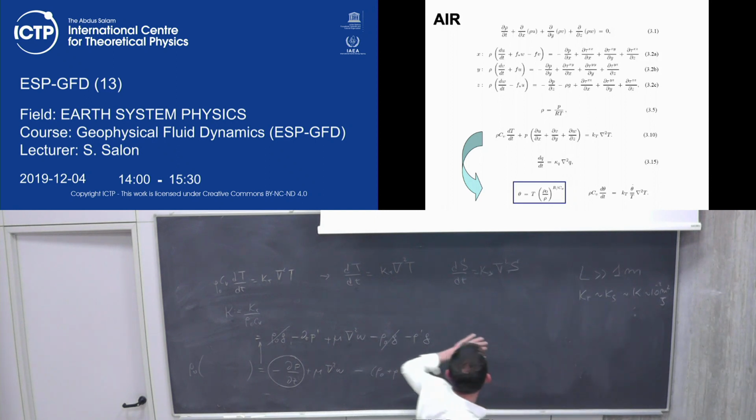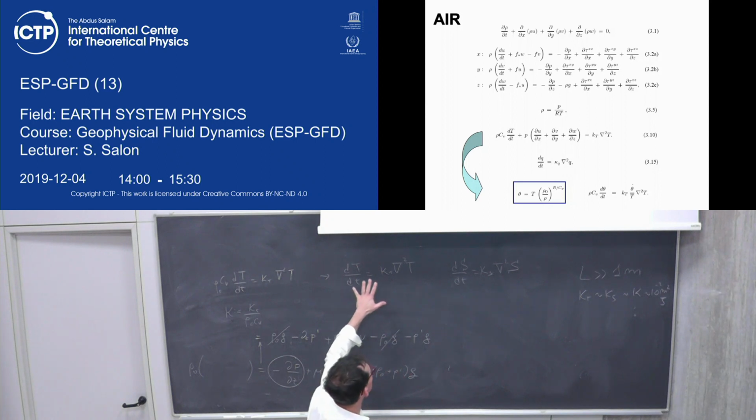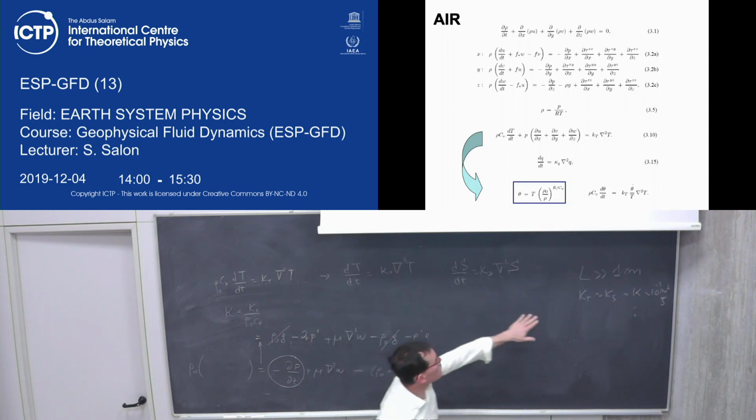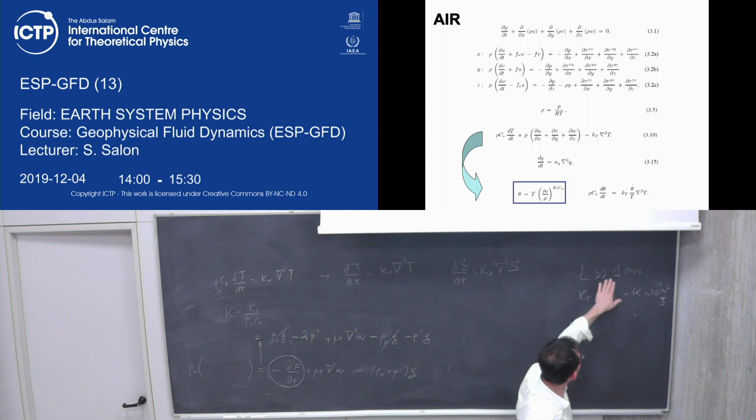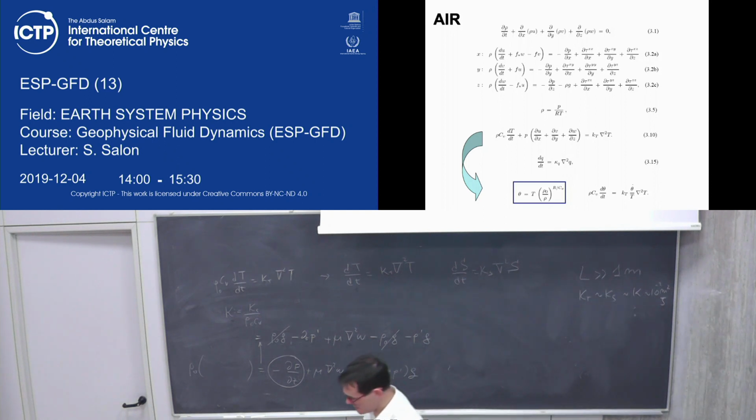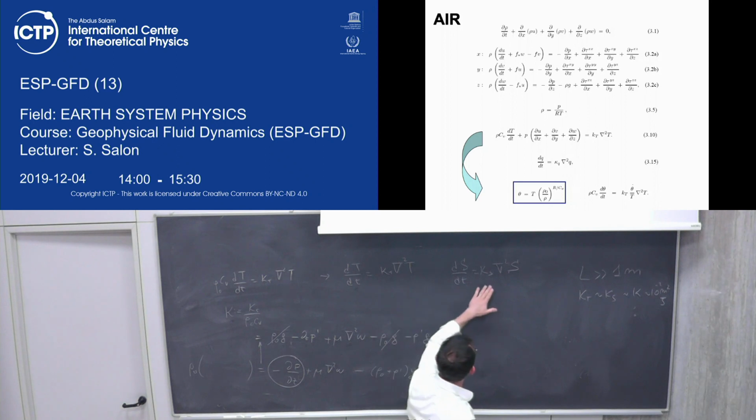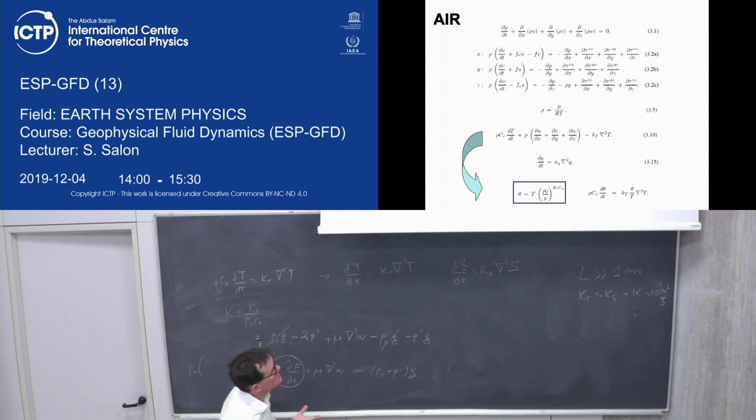Just consider that for seawater, when we are dealing with motions larger than 1 meter, which is of course the subject of GFD, we can safely consider that diffusion is acting not just on the molecular scale, but on what we call the eddy scale.